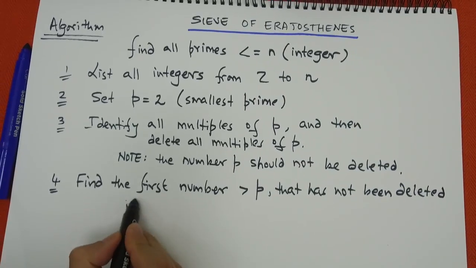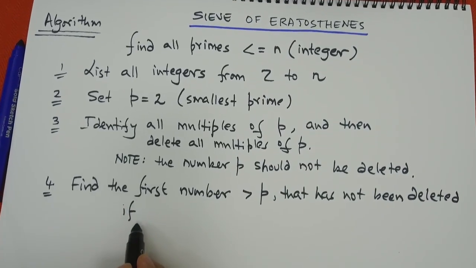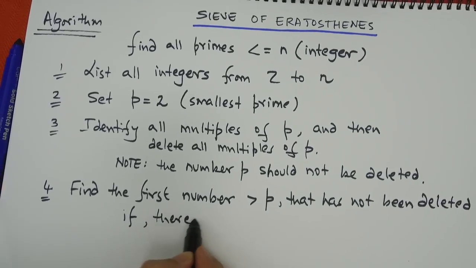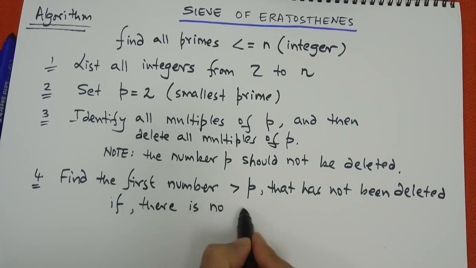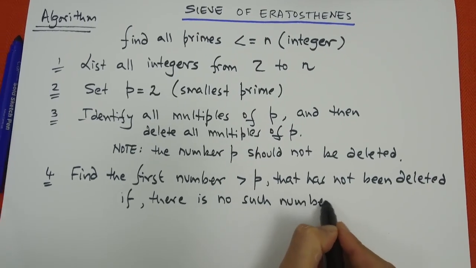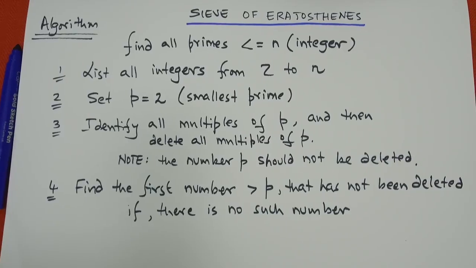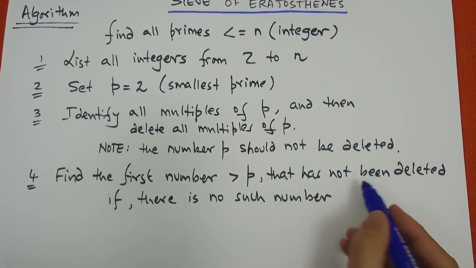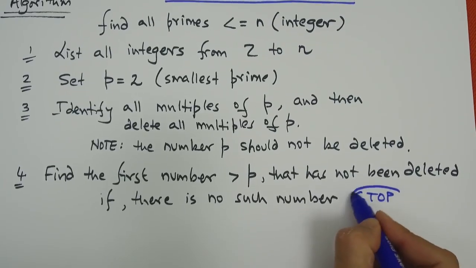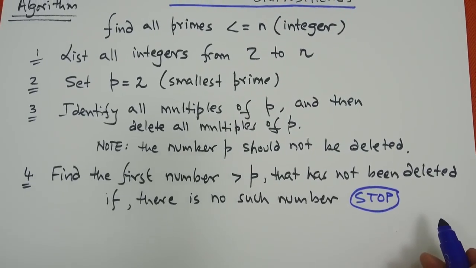If there is no such number, then the algorithm goes ahead and stops. We'll say if that is the case, then the algorithm stops or terminates.